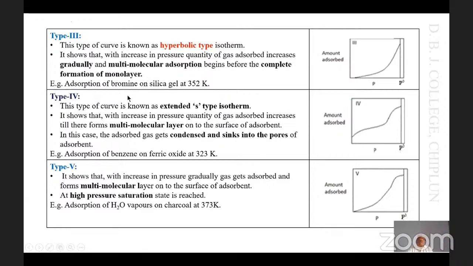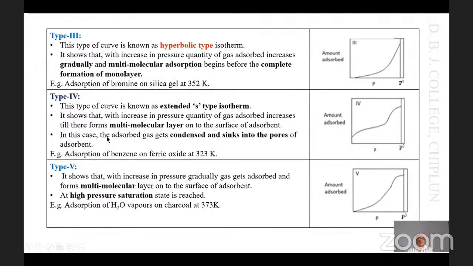Now the next type of isotherm is shown in the diagram. This type of curve is known as an extended S type of isotherm. It shows that with increase in pressure, the quantity of gas adsorbed increases till a multimolecular layer forms onto the surface of the adsorbent.